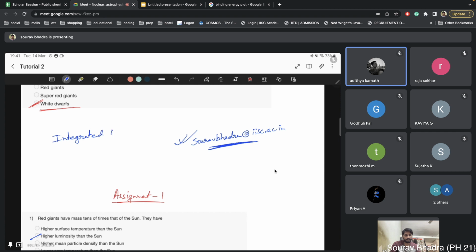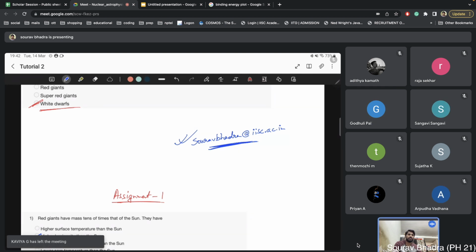Then Raja Shekhar, can you tell? I think he is not here. So Godhuli Pal. Okay. Which university? Okay. Where is it? I don't know. Okay. Fine.